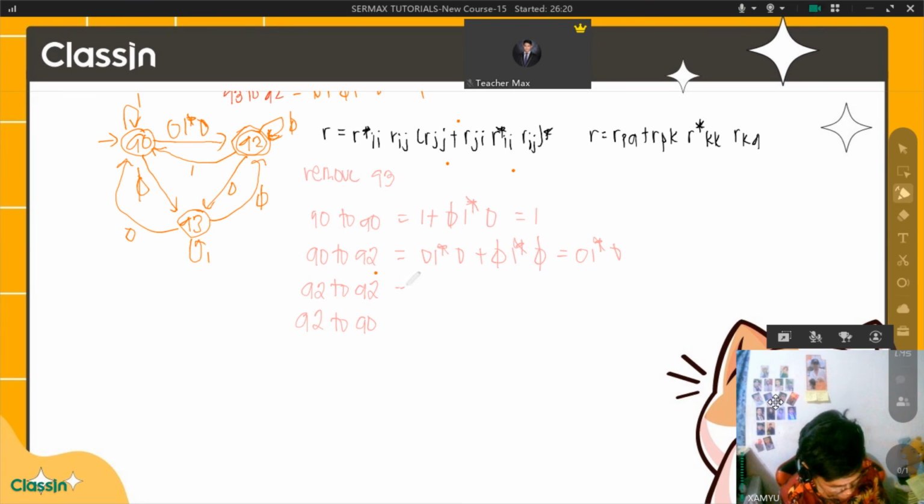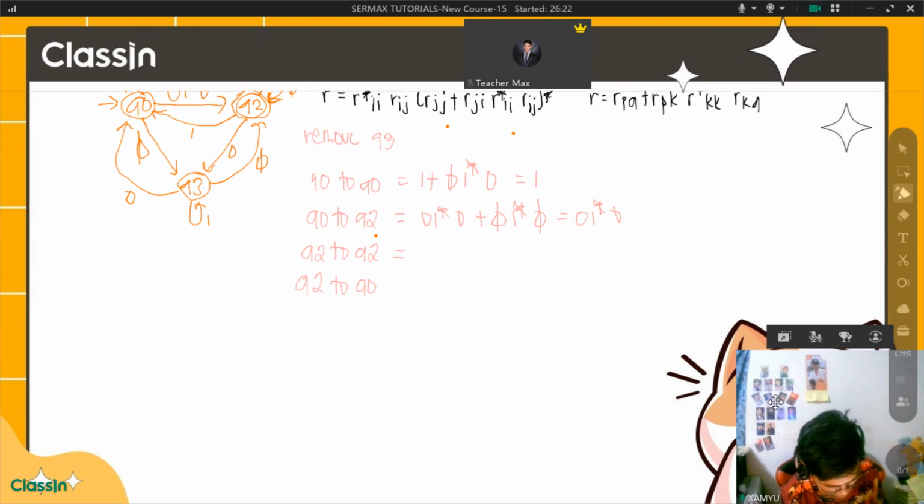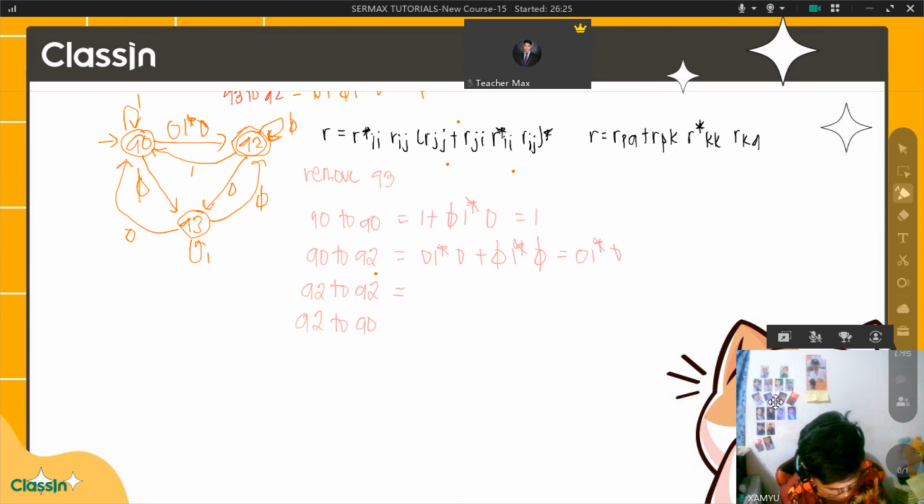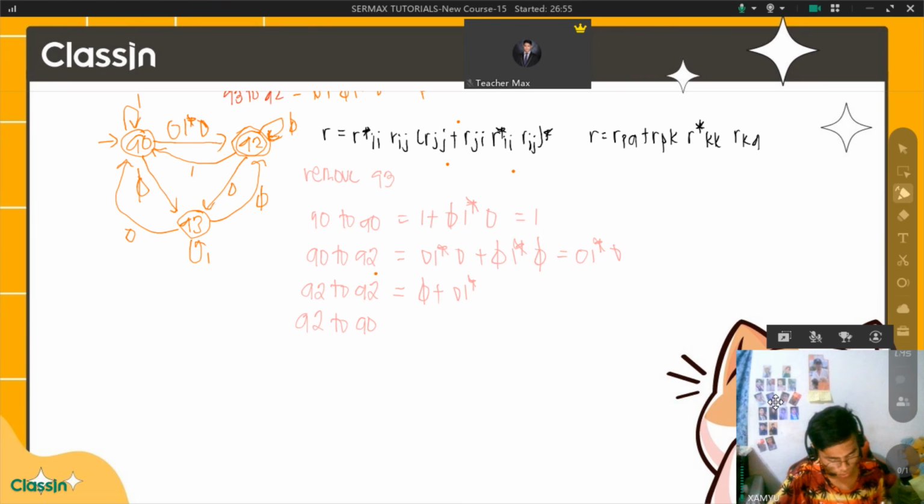So for this Q2 to Q2, the direction will be 0 plus Q2 to Q2, that is null, plus Q2 down to Q3, that is 0, plus Q3 times Q3, that is 1, clean star, and then Q3 down to Q2, that is null.